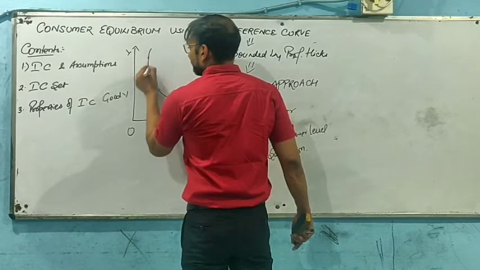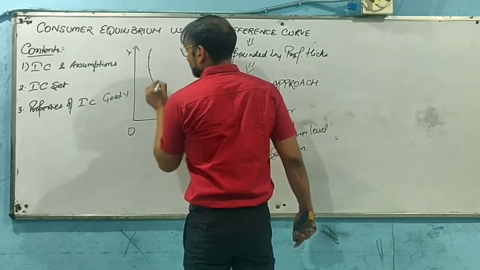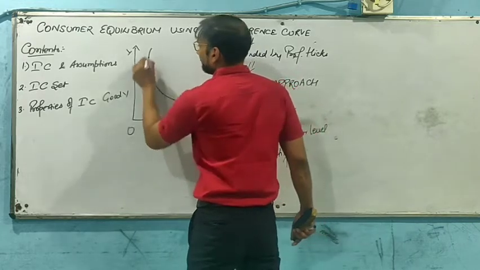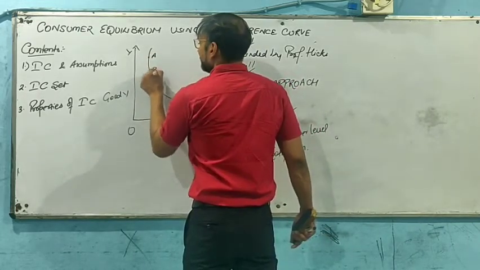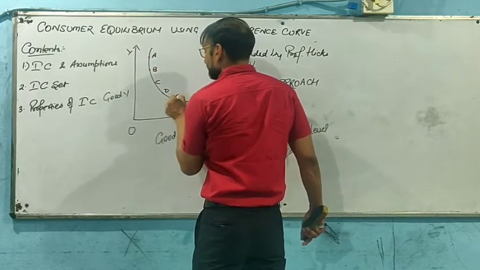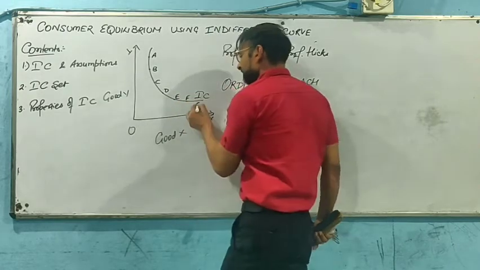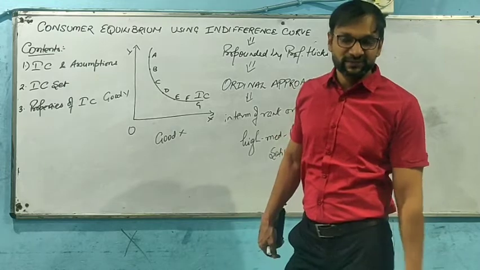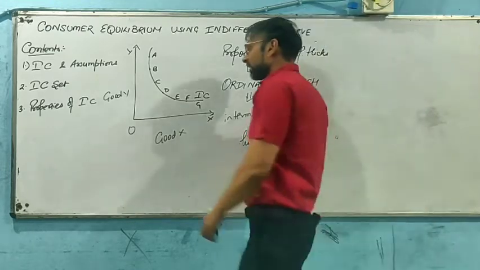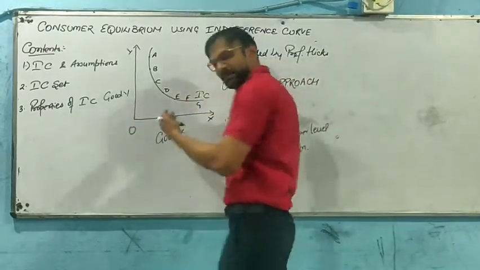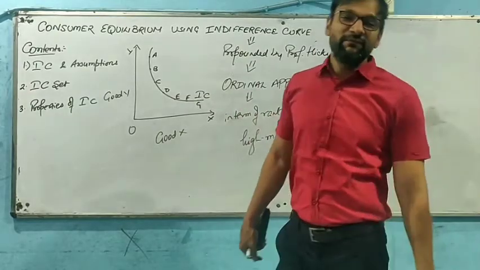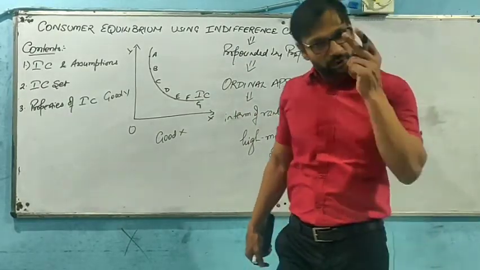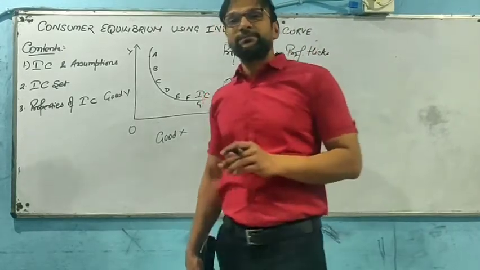If we make different points of consumption, see these dots that we have made, A, B, C, D, E, F and G, these are the points that offer the same level of satisfaction to the consumer by consuming goods X and Y simultaneously. It means he must be consuming two goods all the time.